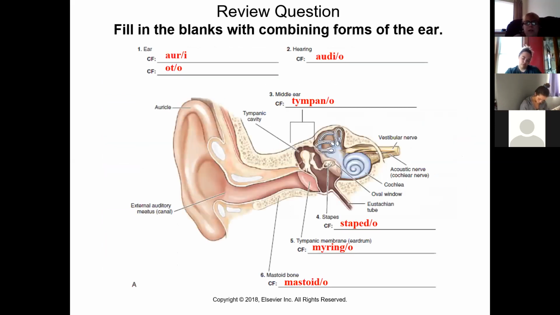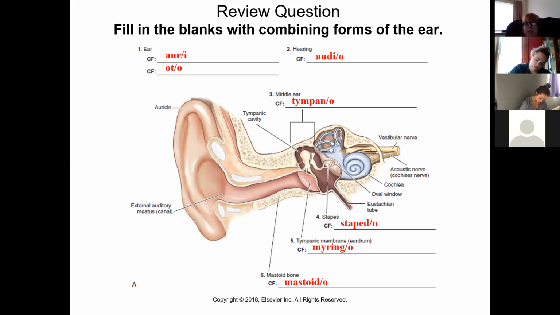Okay, so these are our combining forms for the ear. Okay, in number one there, oto is usually when we refer to the actual physical ear. Audio is when we talk about the sound along with the ear. Okay, so obviously hearing is audio. So the middle ear is referred to as tympano.